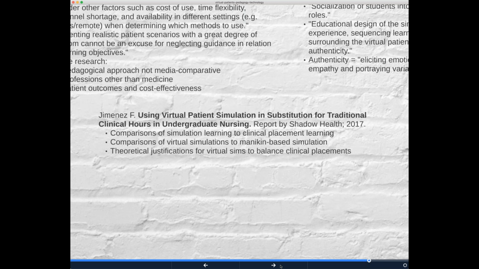However, there are so few studies that directly investigate using virtual simulations to balance clinical placement learning, that at least in this report, that link was theoretical and kind of builds on different pieces of evidence, as opposed to being able to summarize the literature directly showing the role of virtual simulation in creating a hybrid clinical curriculum.